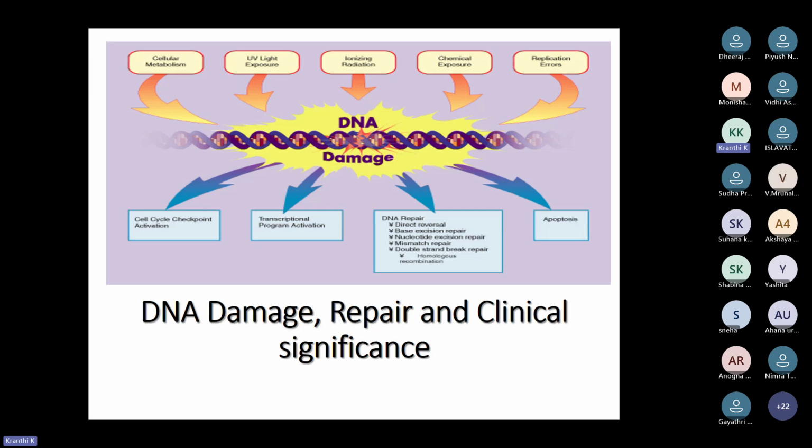In our body we have a lot of enzymes and proteins, and they help in the mechanism of DNA repair. So how many types of repairs are there? These things will also be discussed in this DNA damage and repair.